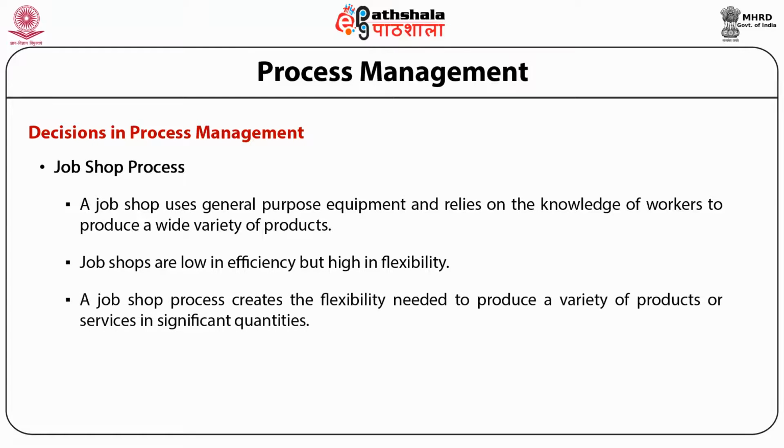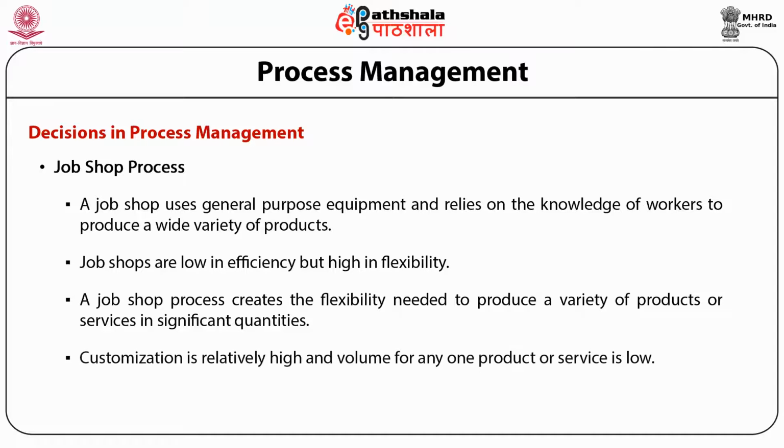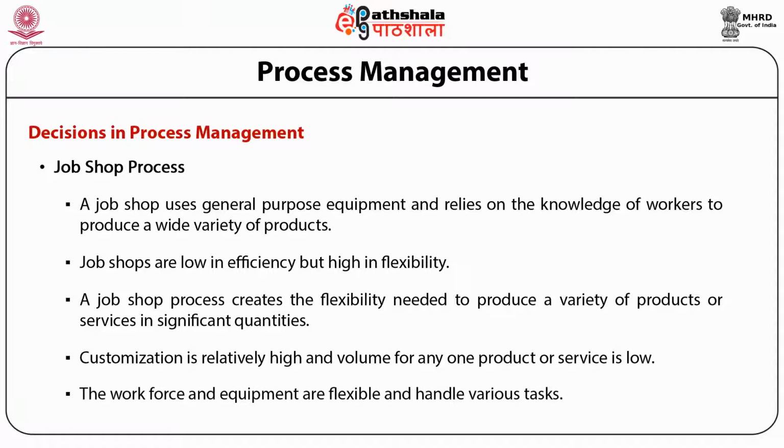A job shop process creates the flexibility needed to produce a variety of products or services in significant quantities. Customization is relatively high and the volume for any one product or service is low. The workforce and the equipment are flexible and handle various tasks.